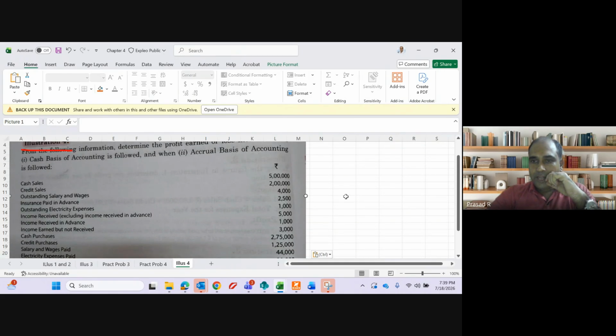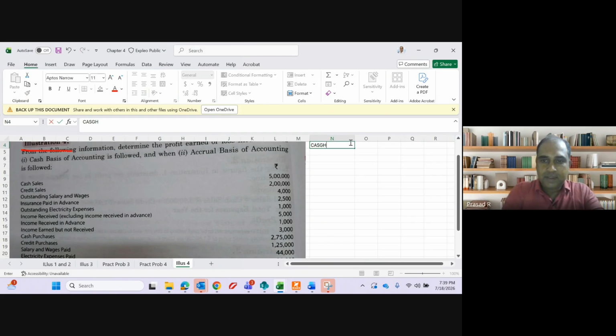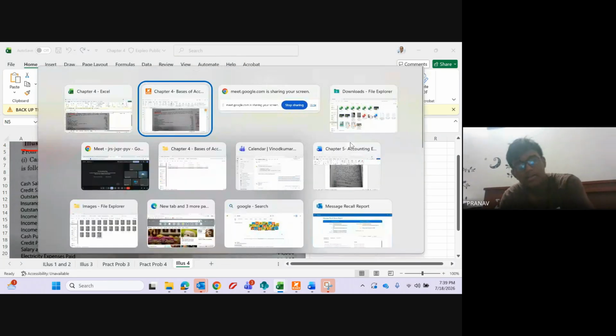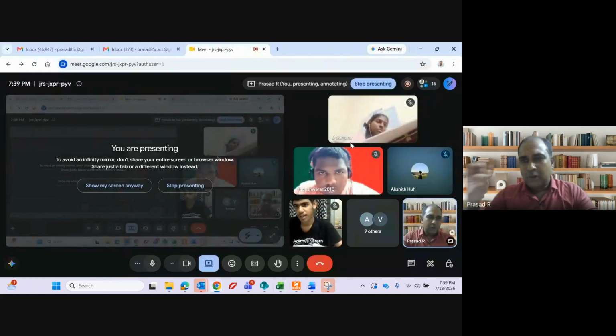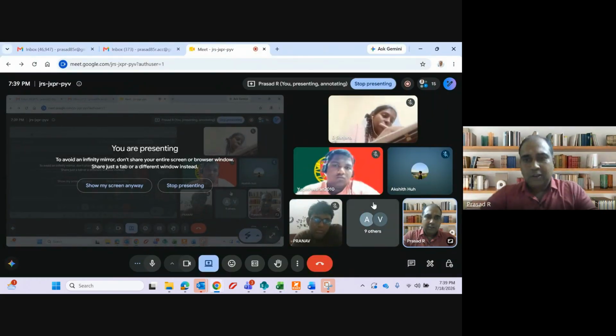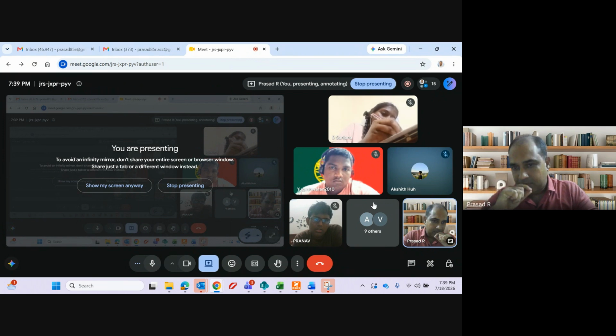Okay, now I will put a column here: cash basis and accrual basis. Guys, whatever I tell you to do, think along the same lines.